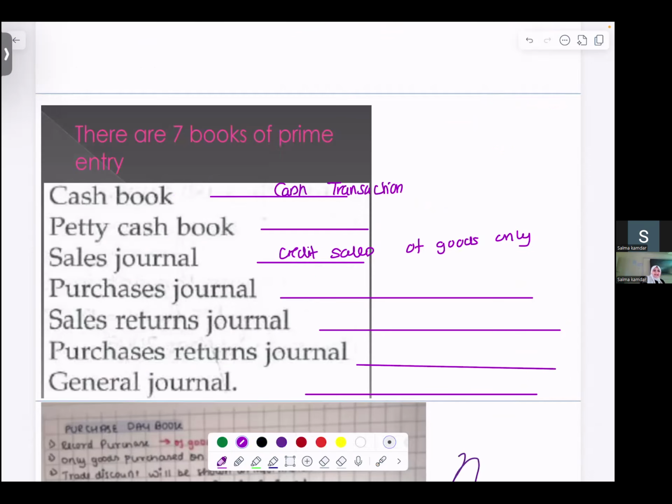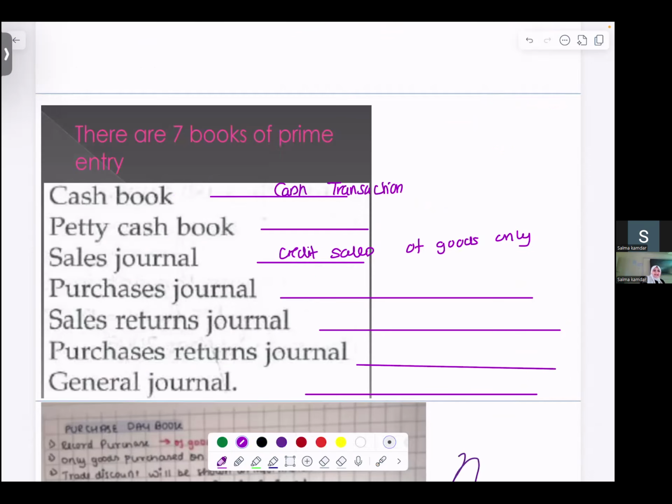Books of prime entry, sales journal, source document, invoice issued. Source document, invoice received. Credit note issued, credit note received. So when we are making the journal, we just write the name of the person.